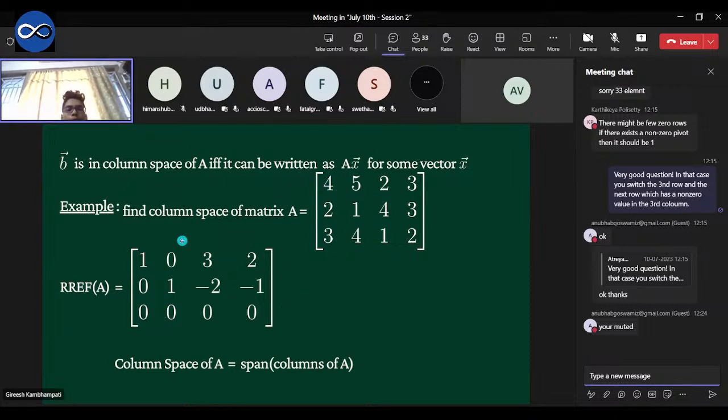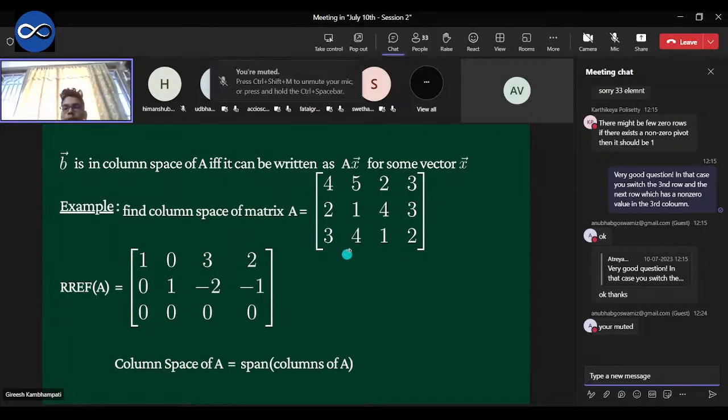As we have already discussed, the pivotal columns will form a basis for the column space of A. So non-pivotal columns can be written as linear combinations of pivotal columns. They gave 4 vectors, but there are only 2 vectors in the basis.